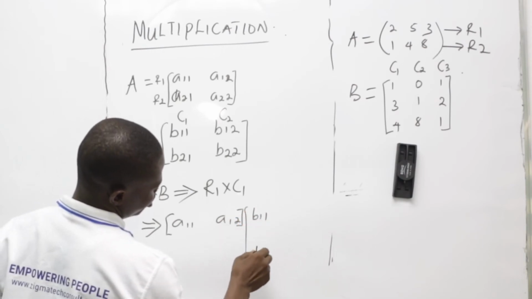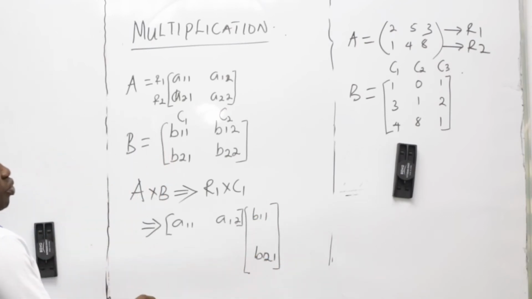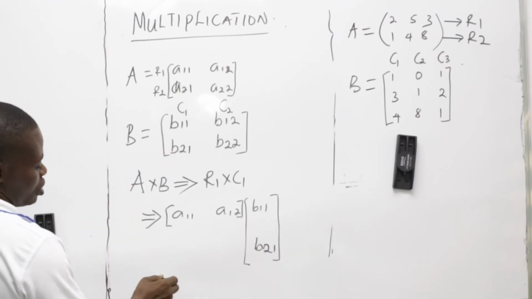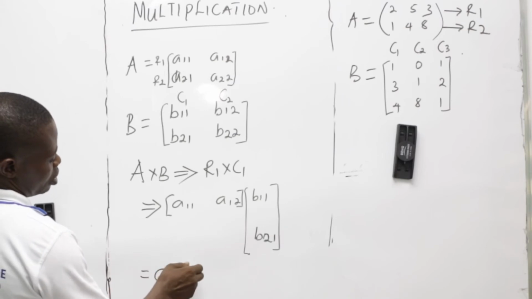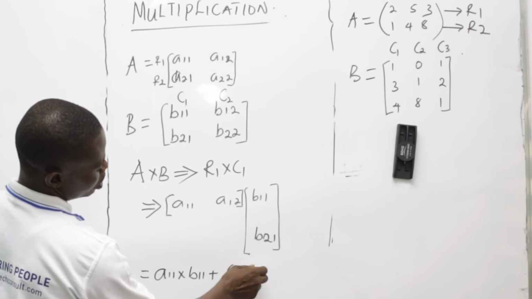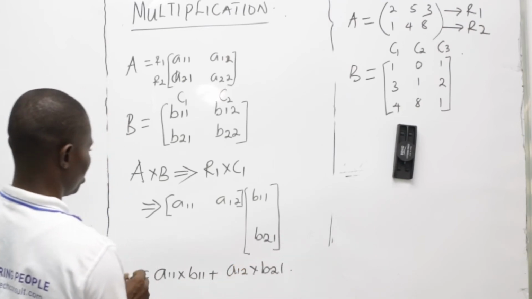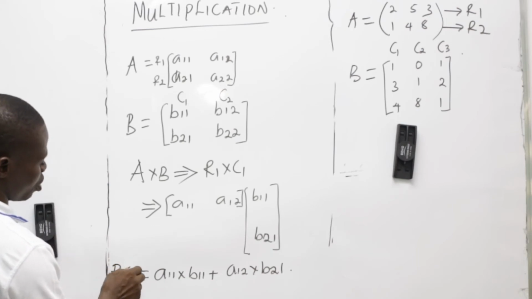B11, B21. That is, when we expand, we are going to have A11 times B11 plus A12 times B21 equals what? Row 1, column 1.